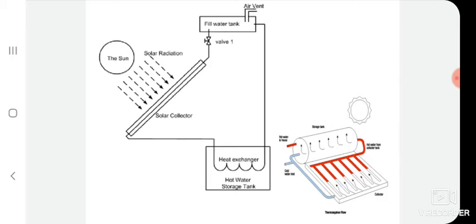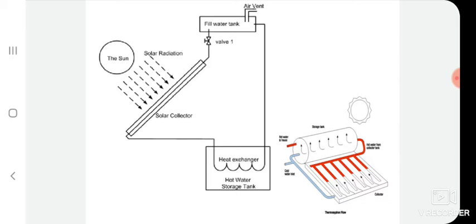Instead, it flows into the pipe on one side of the tank and out of another pipe on the other side, passing through a coil of copper pipes, giving up its heat on the way through. You can run off hot water from the tank at any time without affecting the panel's operation.